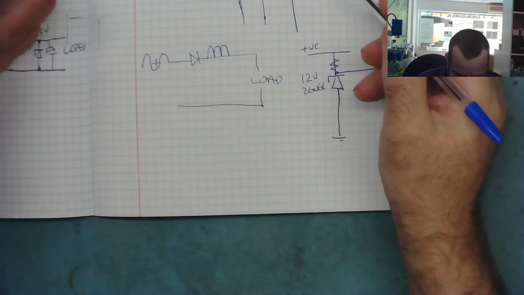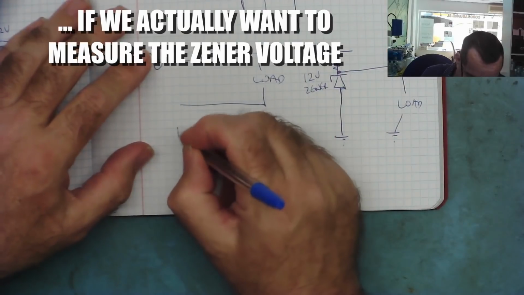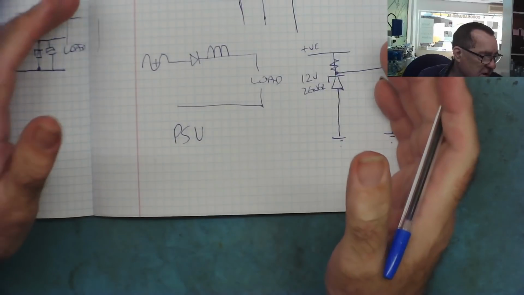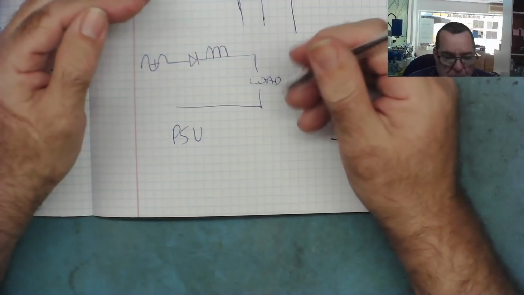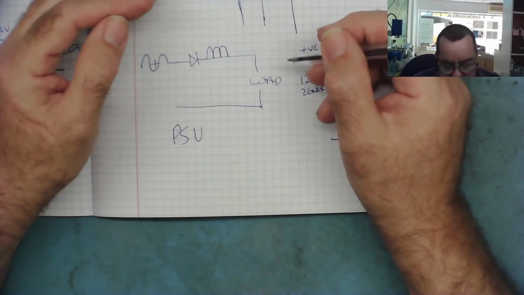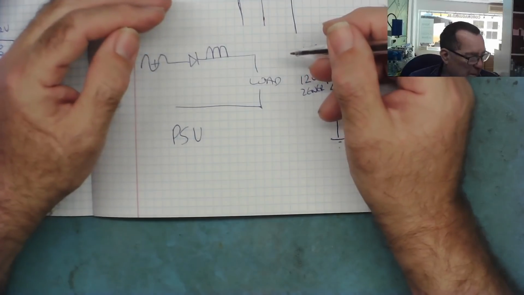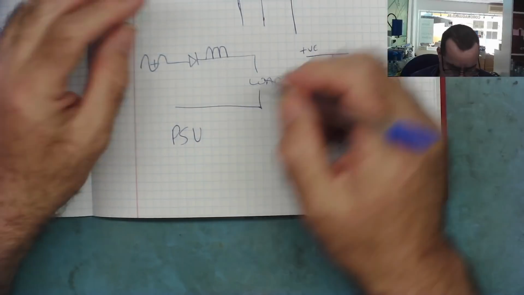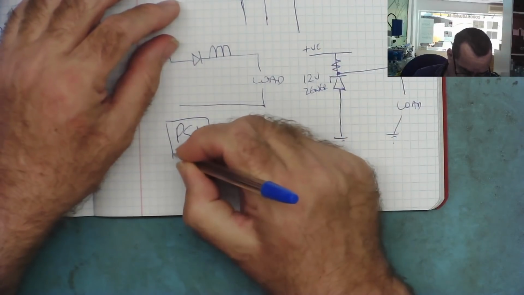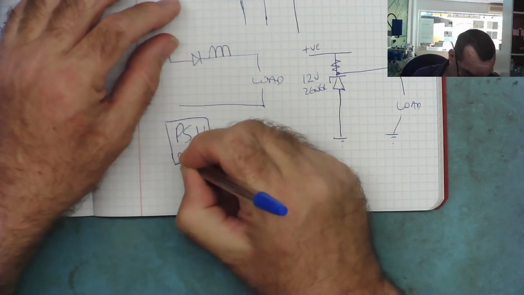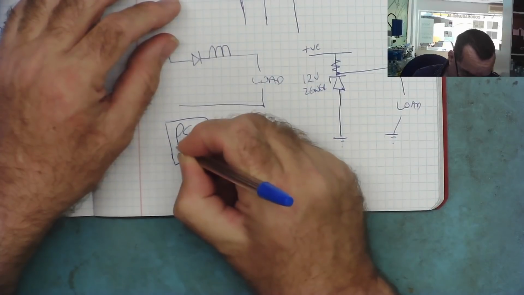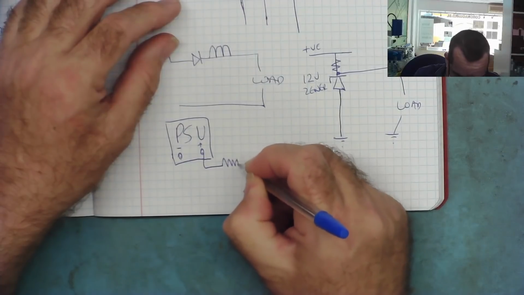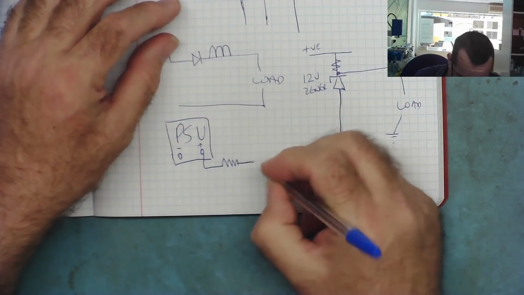The basic method for testing a Zener diode is to take a power supply that has a voltage higher than the Zener you want to test. Most bench power supplies will go to 30 volts and some will go to 60 volts, and that'll probably cover you for pretty much every Zener diode you ever want to test. So we take our bench PSU, our 30 volt supply, plus and minus, and we connect the plus via a resistor to the diode we want to test.